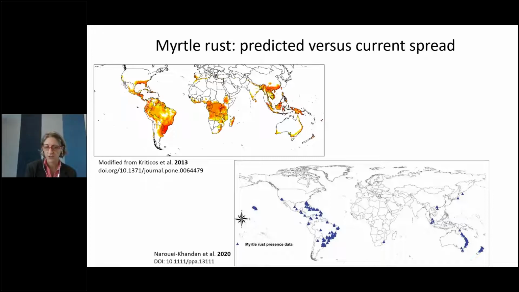That's probably due to field survey work being highly intensive in Australia and New Zealand, and perhaps not so intensive in some other regions. But I think we can feel that this is a pandemic. This is really spread.